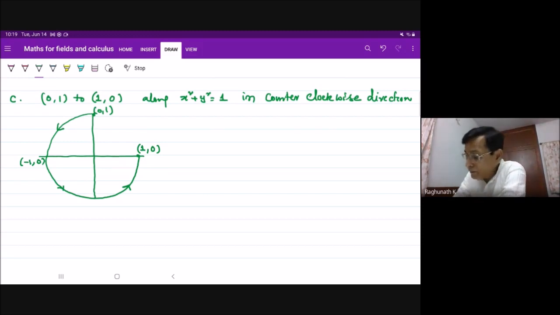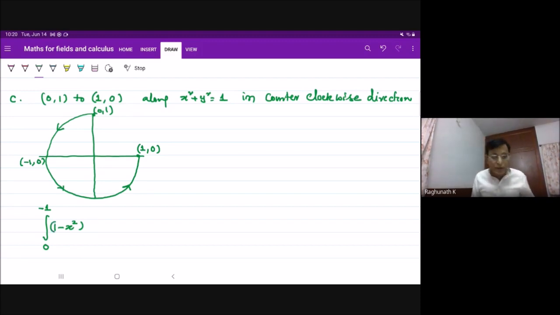First path. X limits I'll take 0 to minus 1. Integral 0 to minus 1 of y squared dx minus x squared dy. What is y squared? Y squared is 1 minus x squared, correct? Y squared dx only, right?